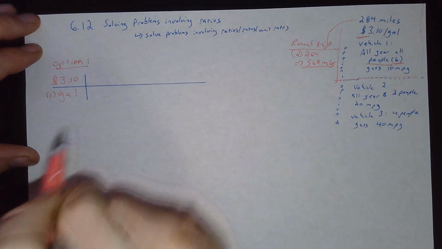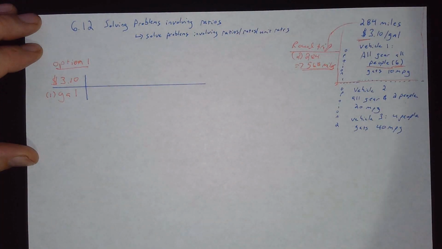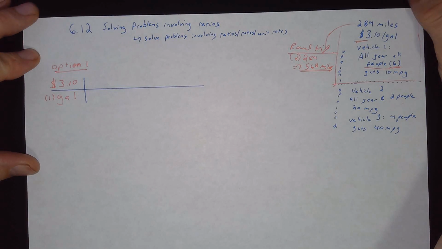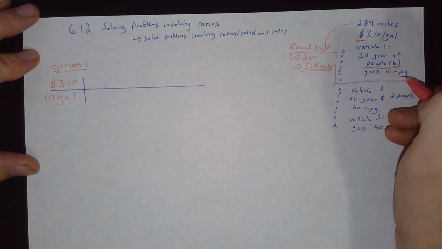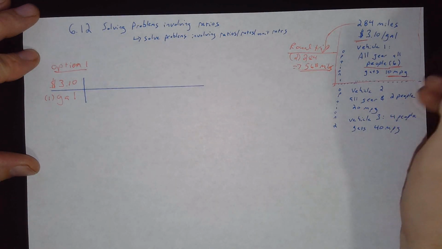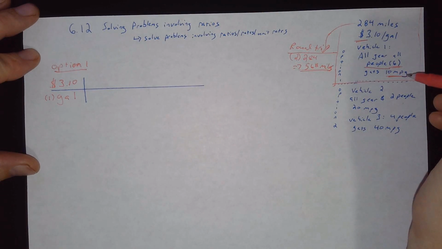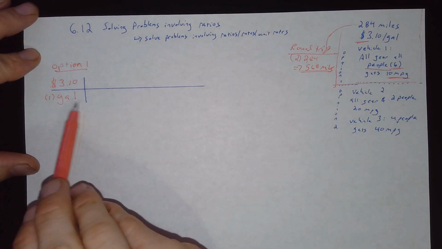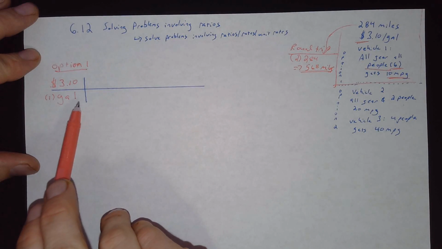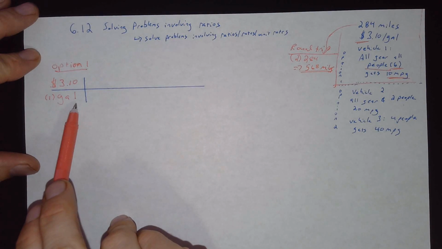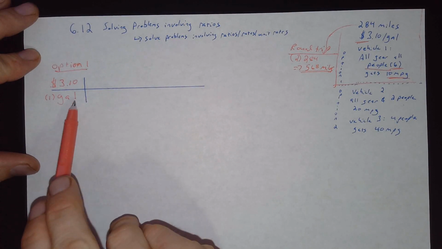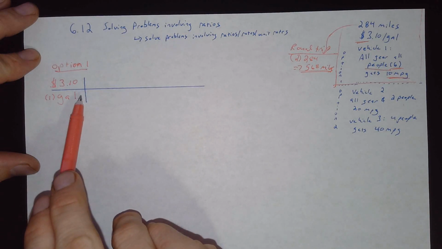Okay. And let's see, what other ratios do I know right here? I know that I can get 10 miles per gallon. So how am I going to arrange that here? Well, I need to arrange that so that it's going to cancel stuff out, right?